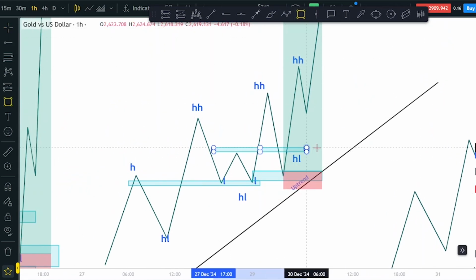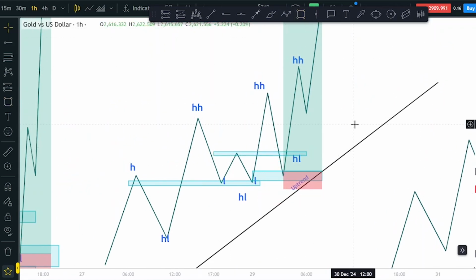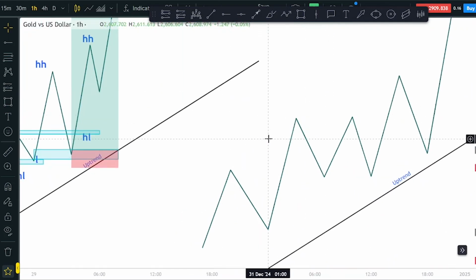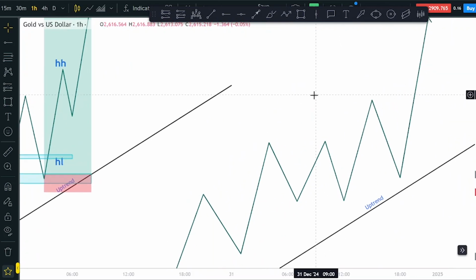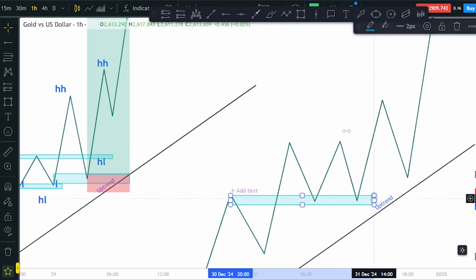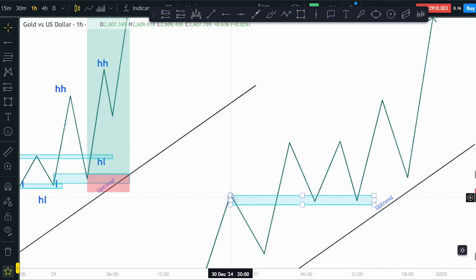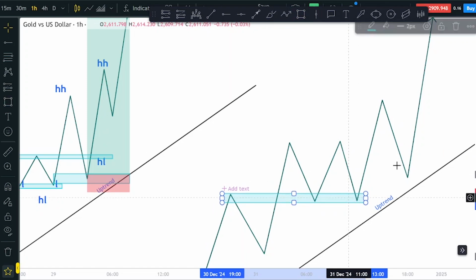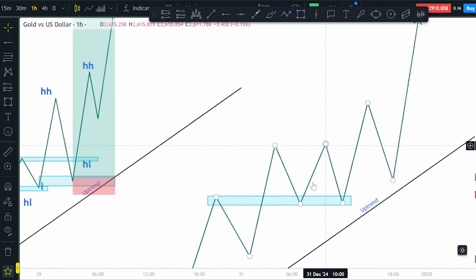Okay, so from here we are creating higher highs, higher lows, and higher highs. So we have a retracement from this area, from the high where resistance turned into support. We are buying from this area, but this time we have a consolidation. That consolidation is a formation of a double bottom in the trend continuation.